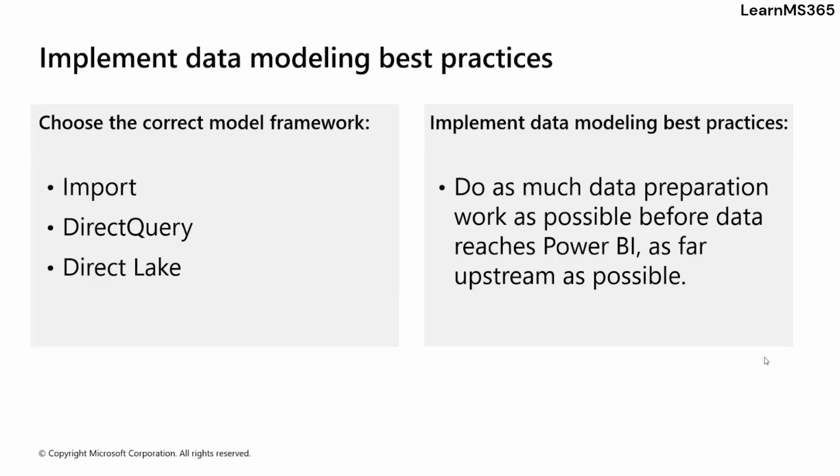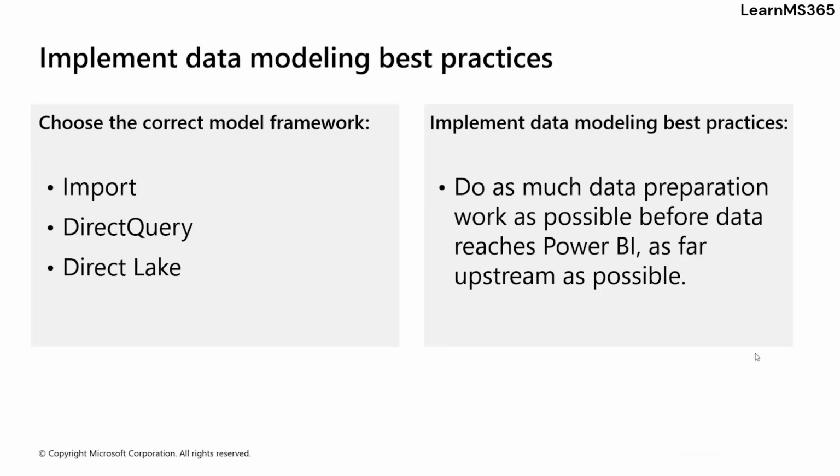This setting enables queries to use inner join statements rather than outer joins. You can also limit the use of bidirectional filters on relationships, using them only when necessary.